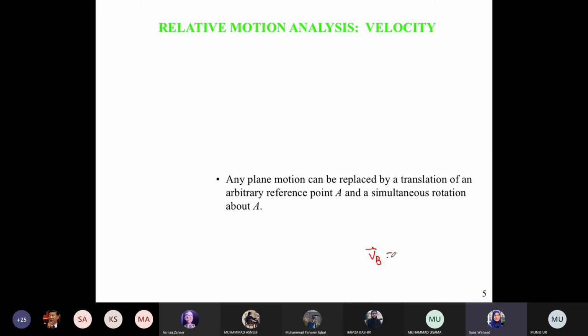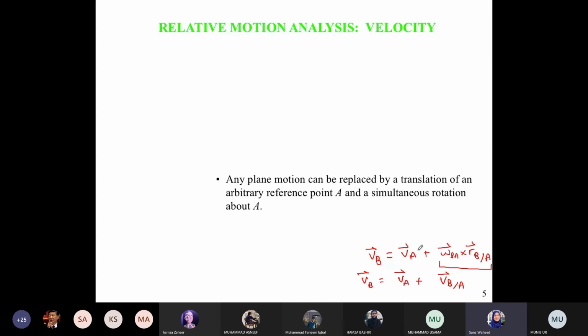So V_B is equal to V_A plus omega_BA crossed with r_B with respect to A. This term right here can also be referred to as the relative velocity of B with respect to A, because B is rotating relative to A, so it's the relative velocity of B with respect to A.